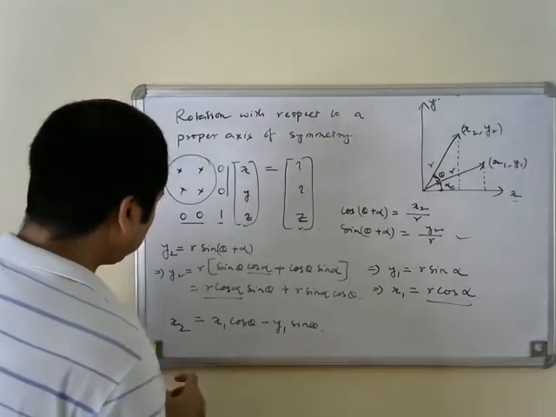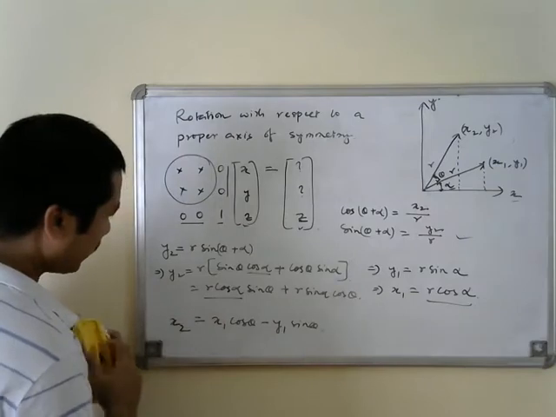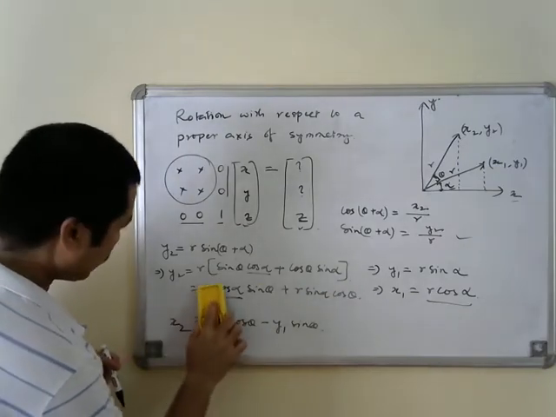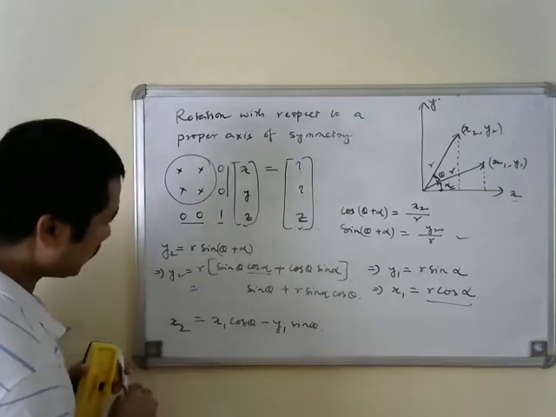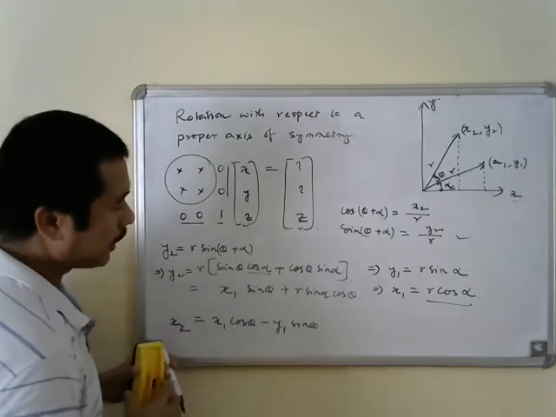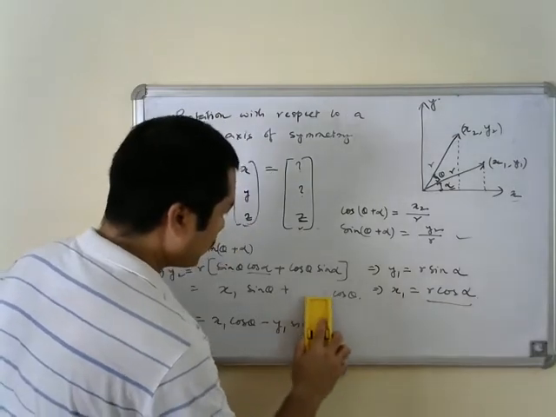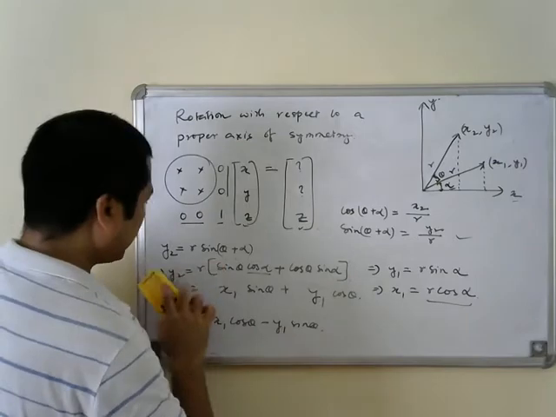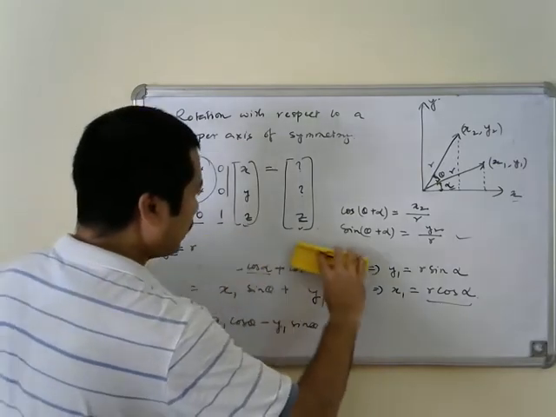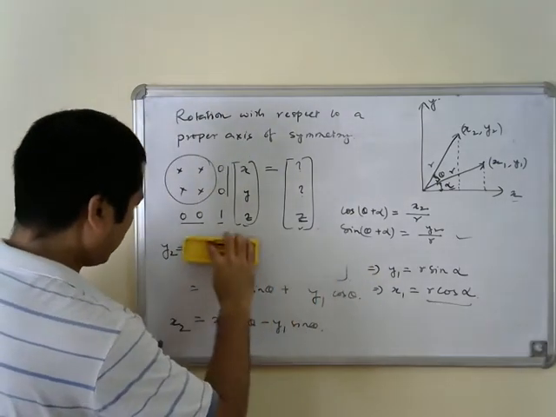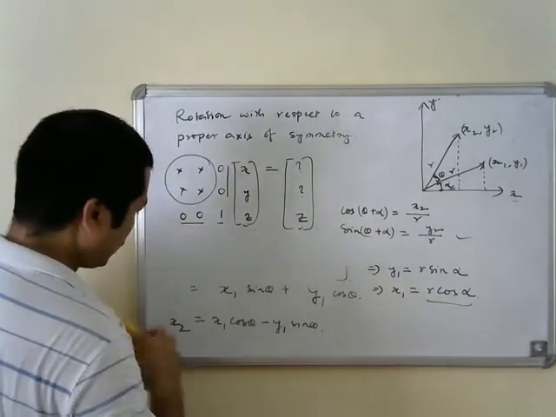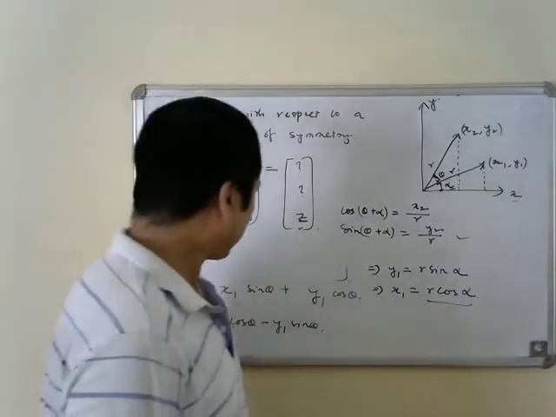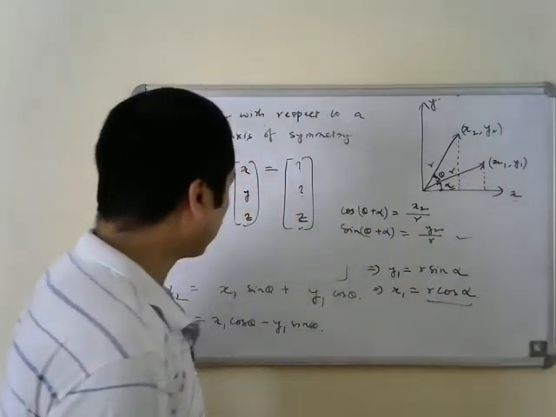So if we convert r cos alpha into x1, and r sin alpha is equal to y1, what we have is that y2 is equal to x1 sin theta plus y1 cos theta.